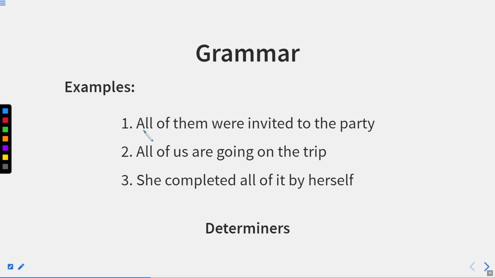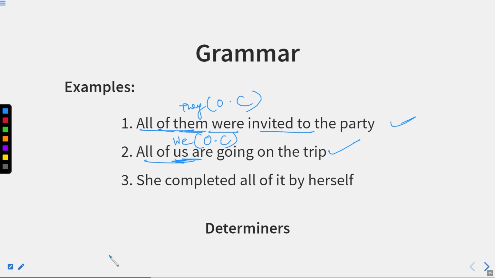For example, all of them were invited to the party. So, of them. All of us. Now us and them are the objective case of we and they. So this sentence is absolutely correct. This is also correct: all of us are going on the trip. Now all refers to the whole part, or the whole amount, or the complete set of members, or the complete set of things.